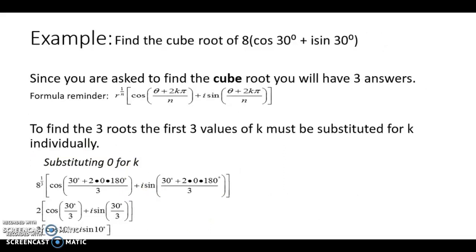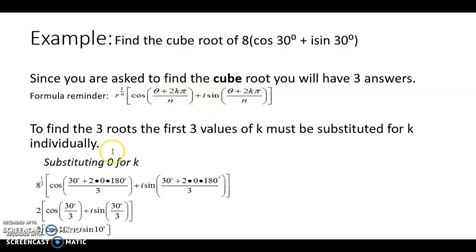Going ahead and doing so, going in order, first substituting 0 for K. As you can see, where K is located in both numerators, K has been replaced with 0. Pi, we know we plug in 180 degrees for pi.